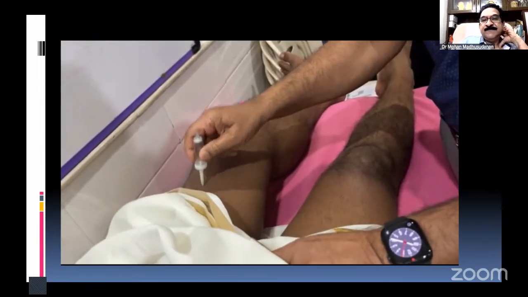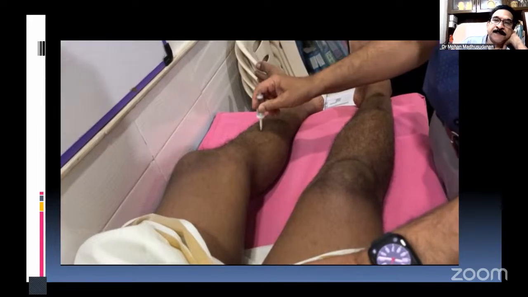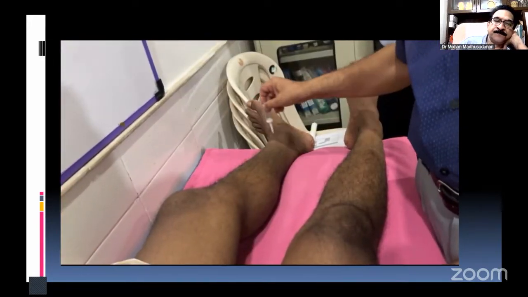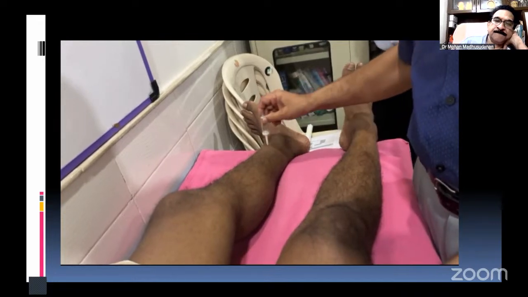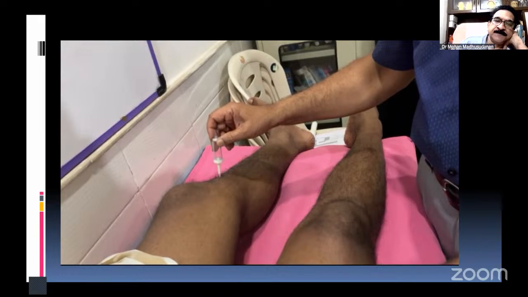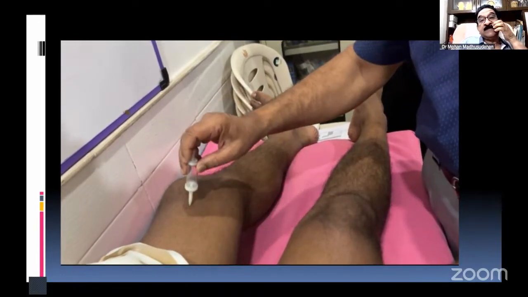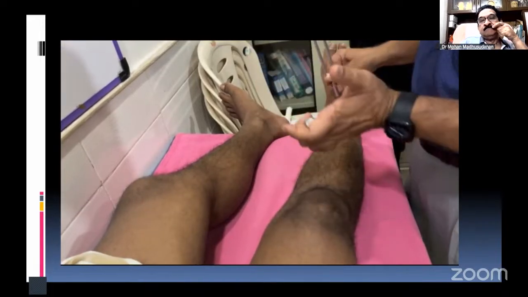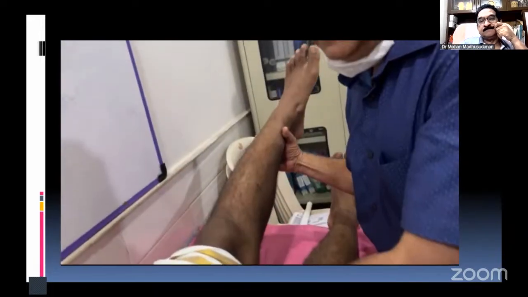Area of sensory loss diminished. That area was initially affected, now it's become better. Initially it was up to the lower thigh. The pain subsided.